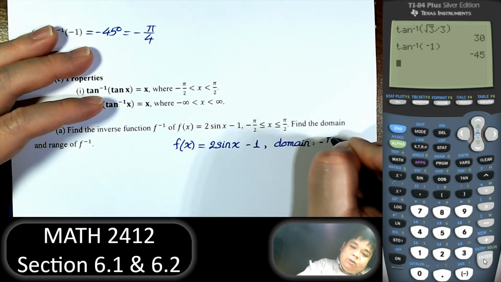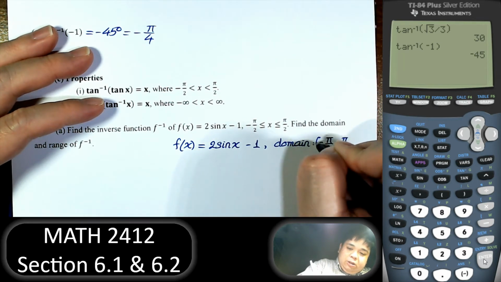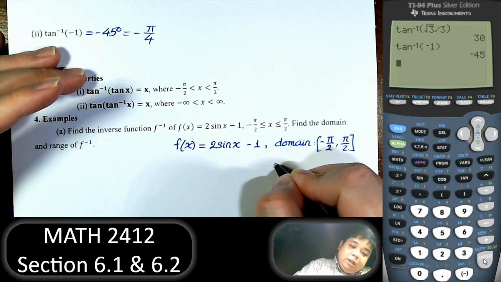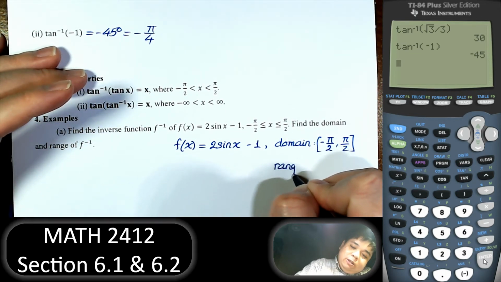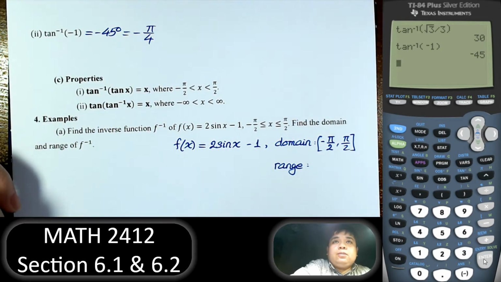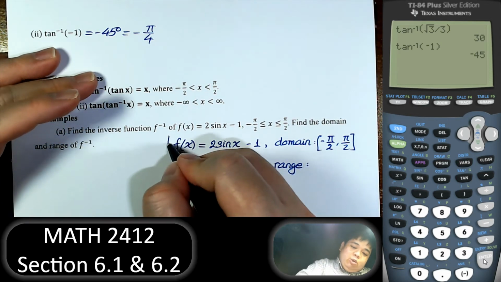Negative pi over 2 to pi over 2. And then the range, I don't know yet. Actually, it is easy to determine, but we'll get back to that.